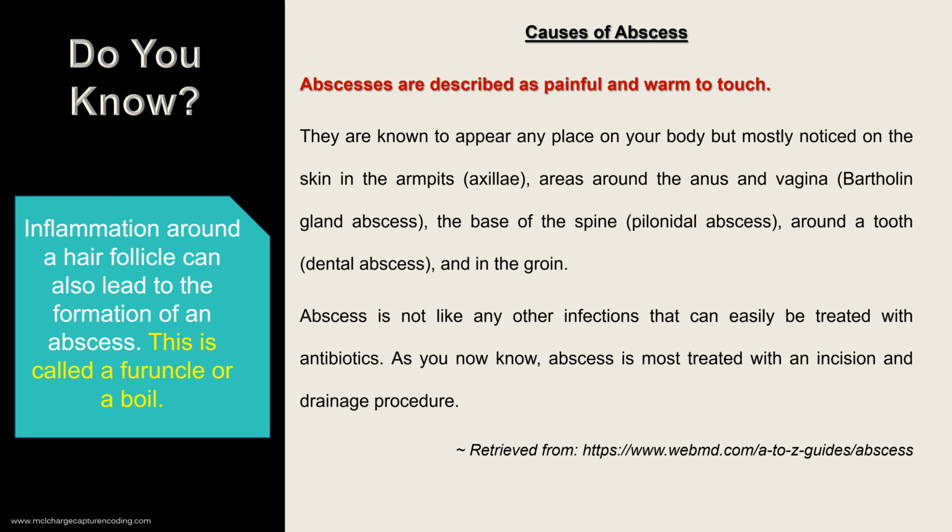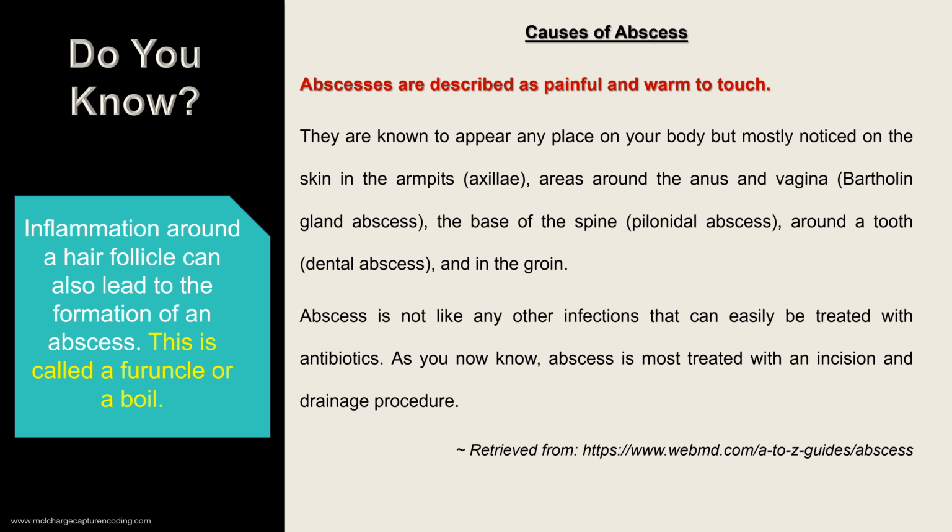Do you know what causes an abscess? Let us talk about the nature and causes of abscess according to the webmd.com website. Abscesses are described as painful and warm to touch. They are known to appear on any place on your body, but mostly noticed on the skin in the armpits or axillae.